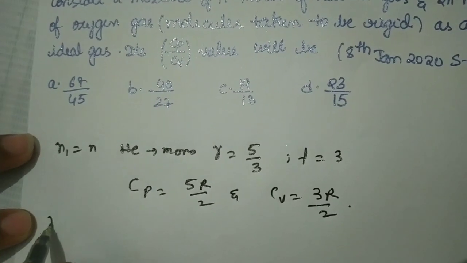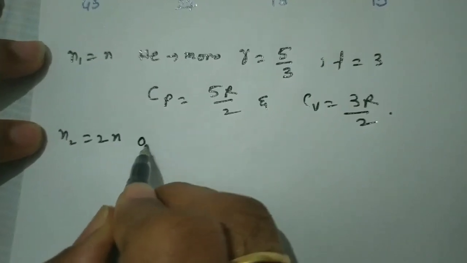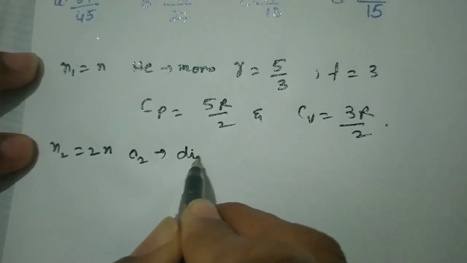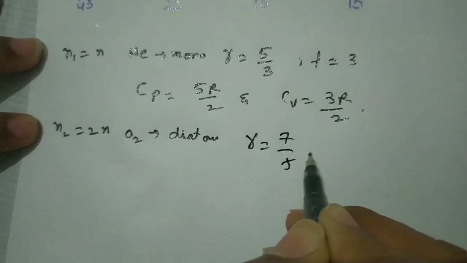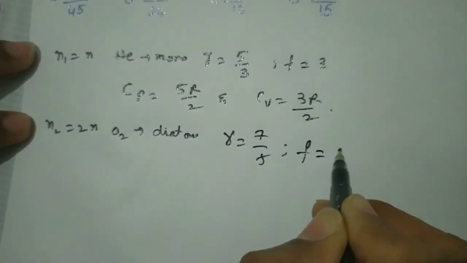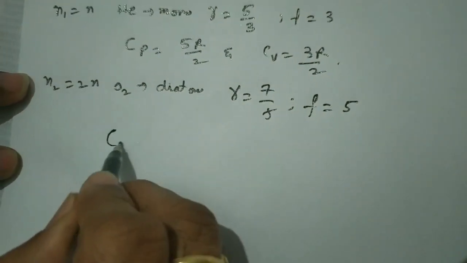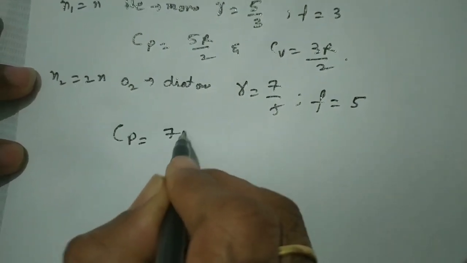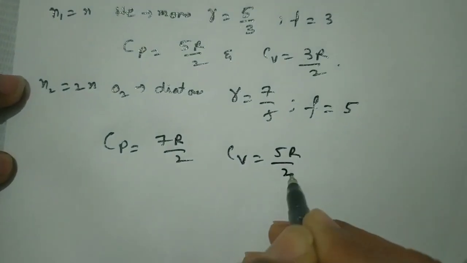Second one is 2n moles of oxygen gas. For oxygen, it is a diatomic gas. For diatomic gas, gamma is equal to 7 by 5 and the number of degrees of freedom is 5. Then Cp is equal to 7r by 2 and Cv is equal to 5r by 2.